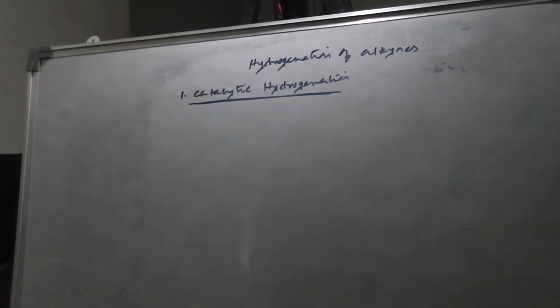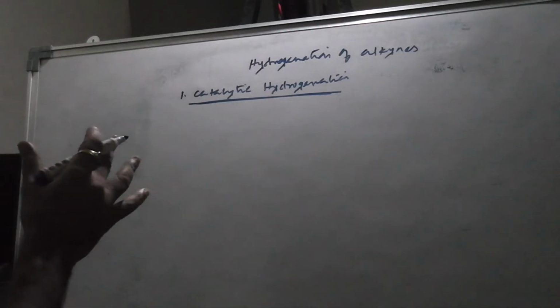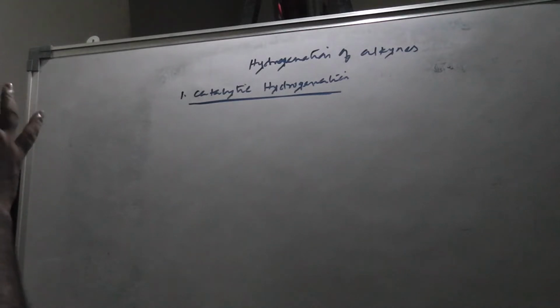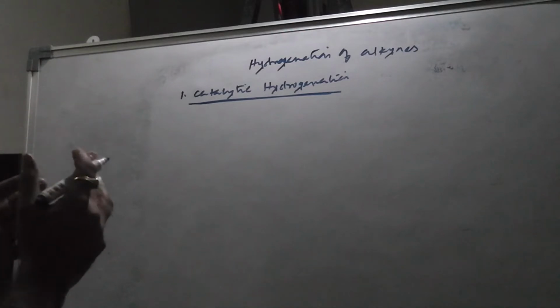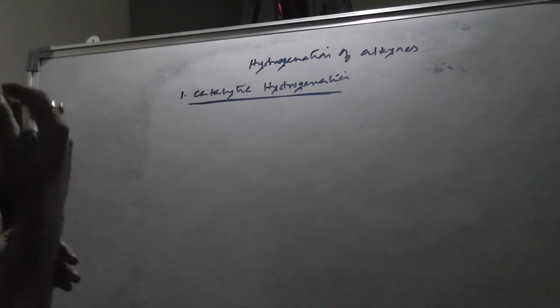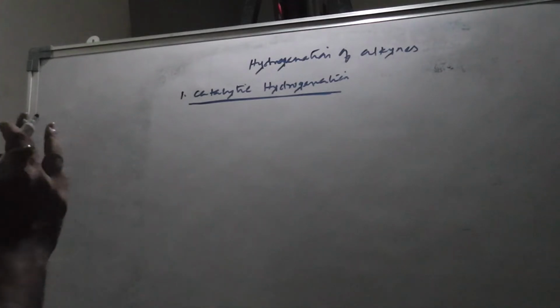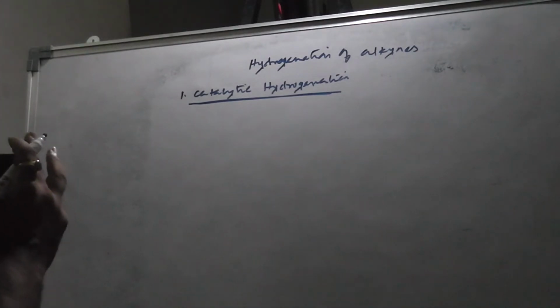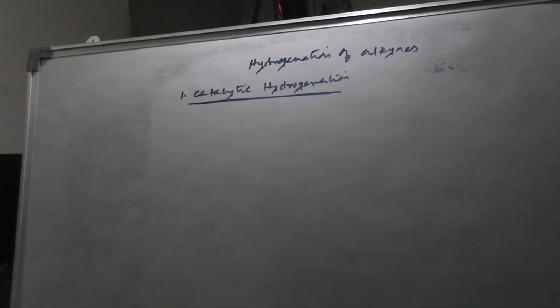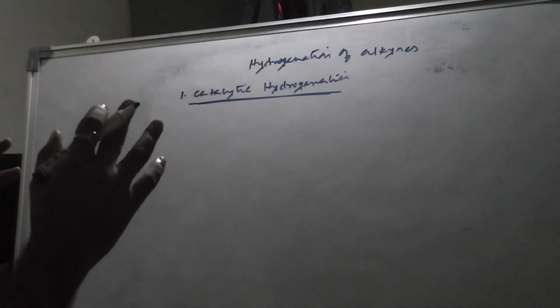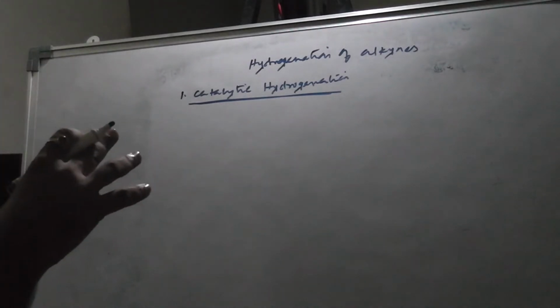Similar to alkenes, alkynes also can be reduced using a transition metal catalyst like platinum, nickel, Raney nickel, etc. But alkynes cannot be stopped at the alkene stage, because the active catalyst makes the alkene also get reduced. So the first step will be the formation of alkene, then immediately the alkene that is formed further undergoes reduction to give alkane. So it is impossible to stop unless you check the reaction by adding some poison.